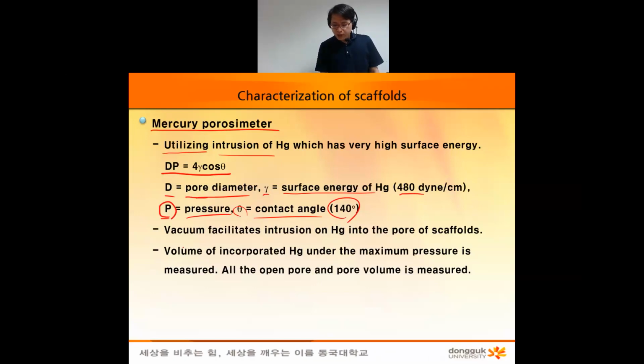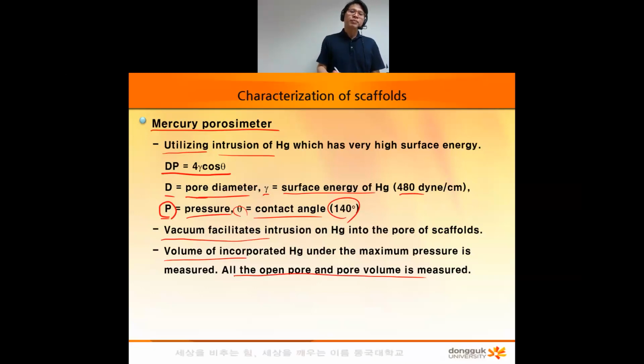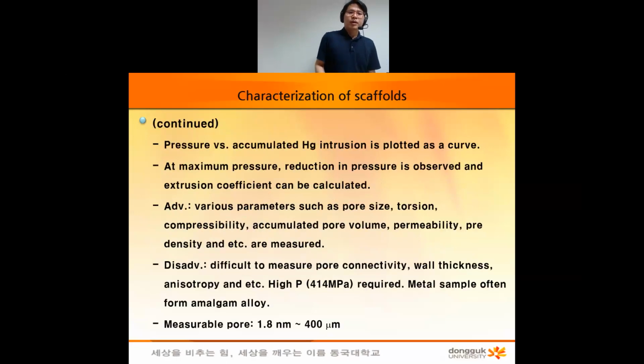First, vacuum facilitates intrusion of mercury into the pore of scaffolds. And volume of incorporated mercury under the maximum pressure is measured. And all the open pores and pore volume is measured in this method. It's the continued properties.